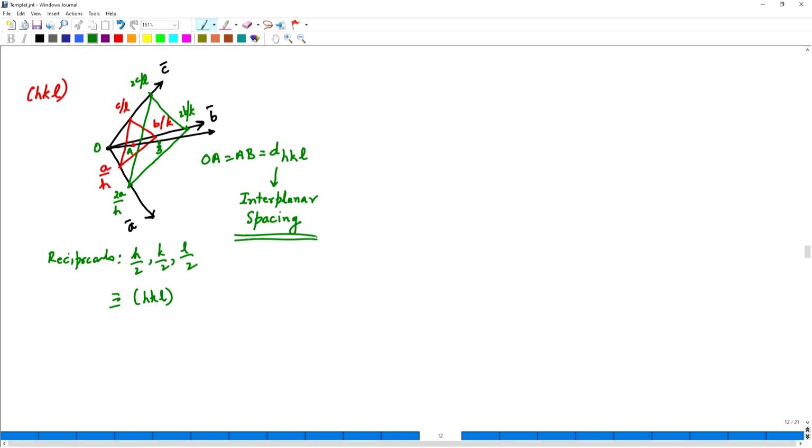We will see in a subsequent lecture how we can calculate the interplanar spacing. Basically, we will get relationships, and these relationships are going to be different for different unit cells from the Bravais lattices.